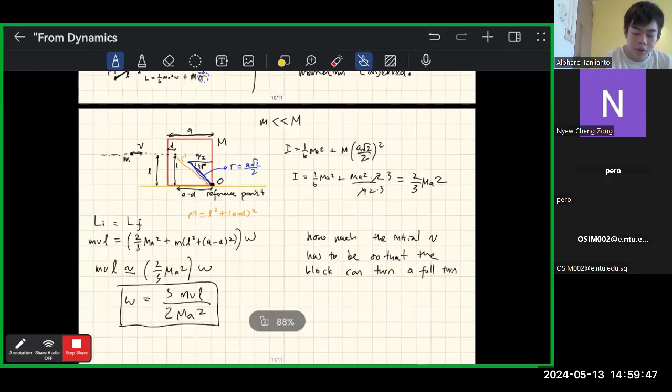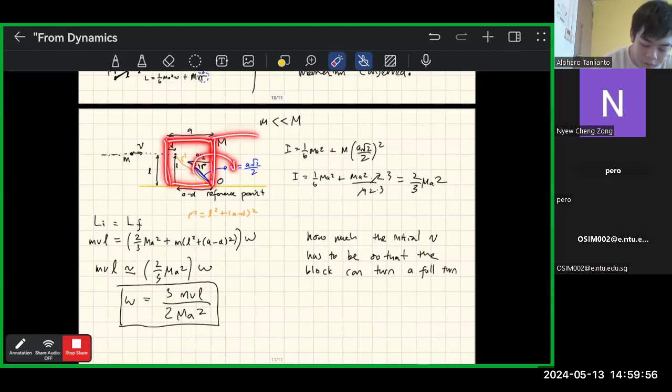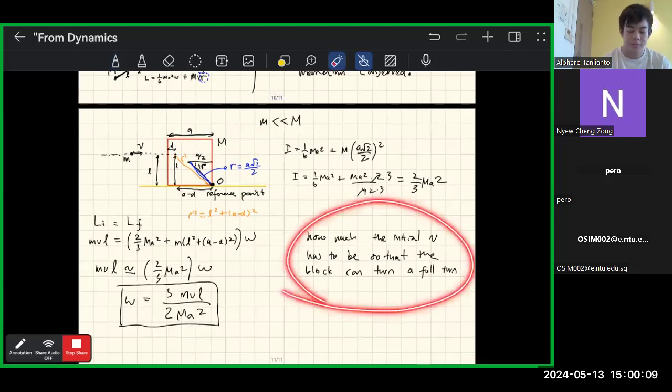So at least the block, I remember reading the question was telling us that from this position it can rotate to this position. So it will reach the top first, and then it goes to this position. Yeah, that was the question. Because after that it's just going to be energy. Okay, yeah, this is the question.